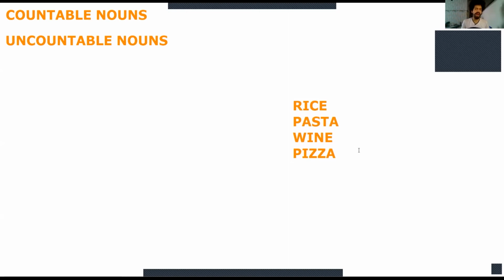Units of measure are the only way for us to differentiate the quantity of uncountable nouns. I'm even gonna write here units of measure so we will understand what we are doing. In this case, measures for uncountable nouns can be almost anything you can think of.